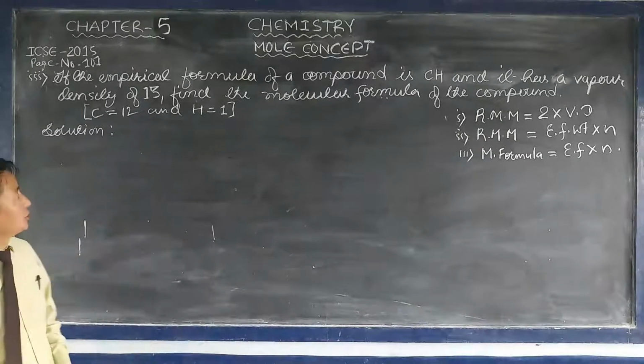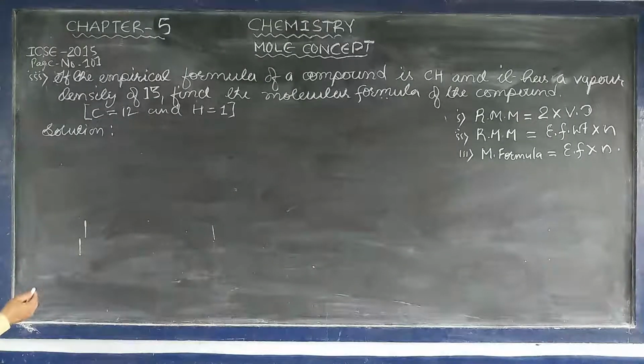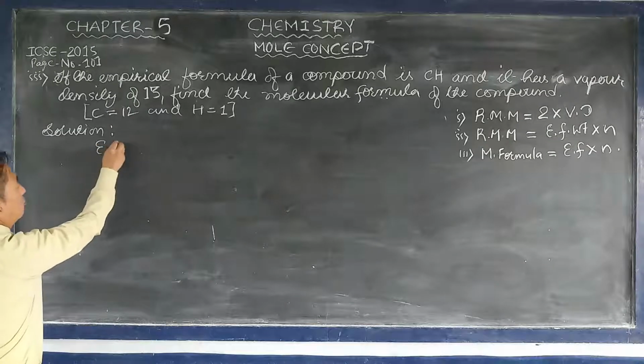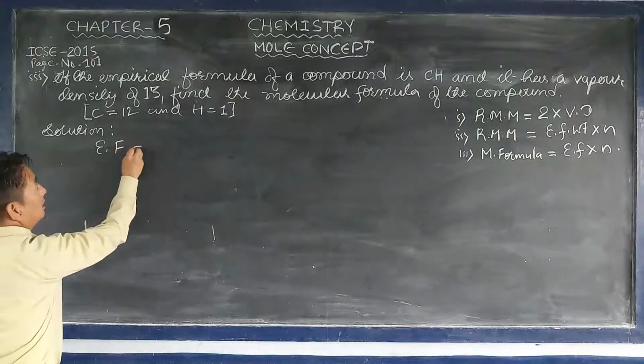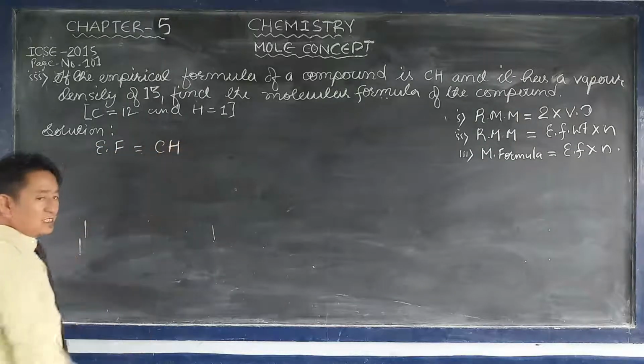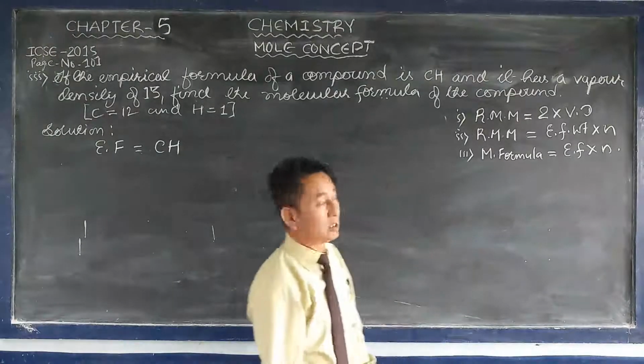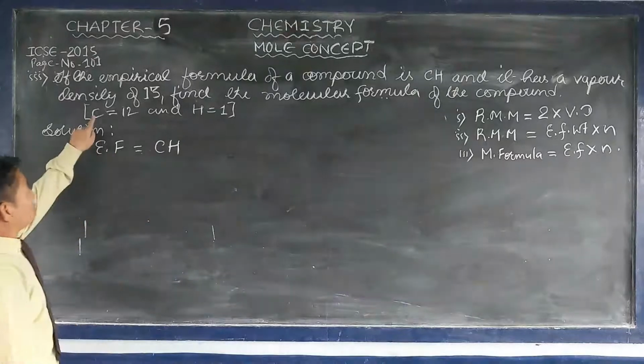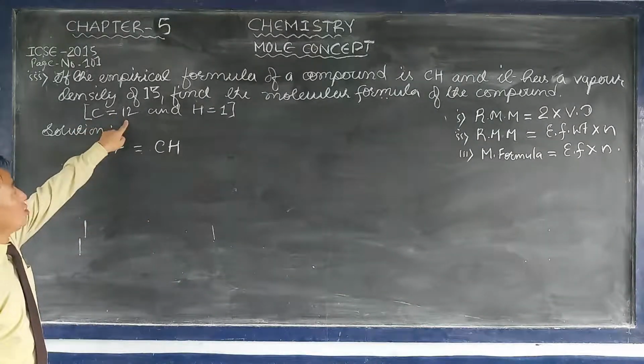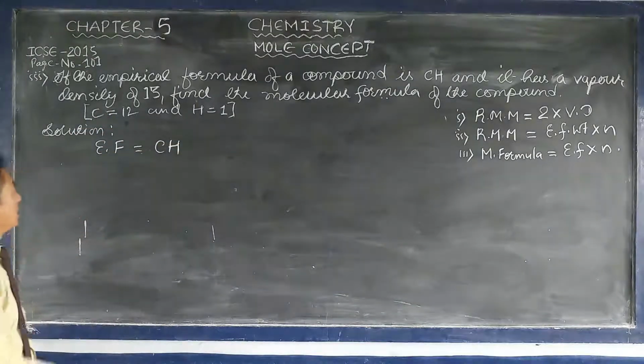Now here in the question, the empirical formula is given as CH. Now second step, we will find out the empirical formula weight. Here as you can see, atomic weight of carbon is 12 and hydrogen is 1.